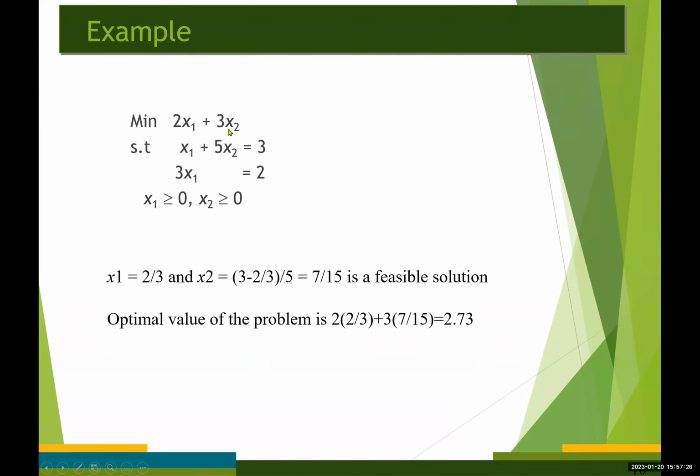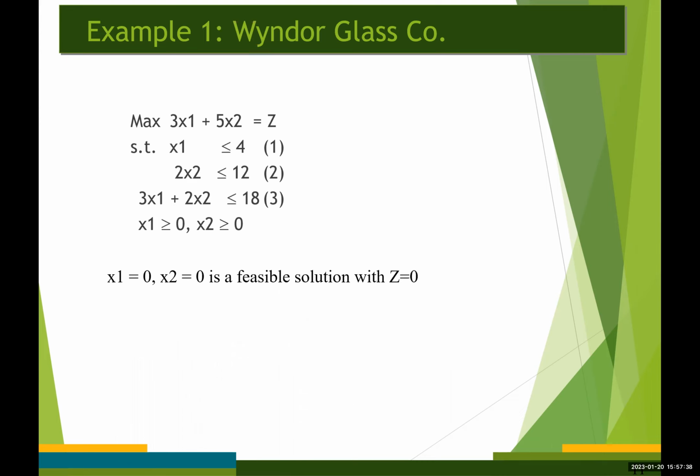Now, let's reconsider the window glass example that we discussed last time. In this LP model, x1 equals 0, x2 equals 0, for example, is a feasible solution with the corresponding objective function value of g equals 0, right?